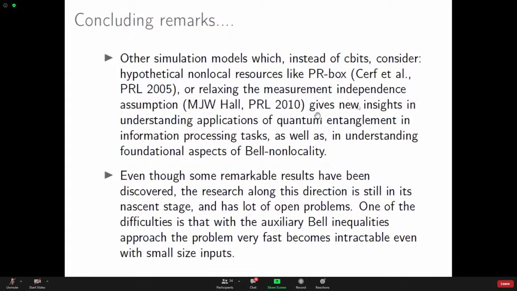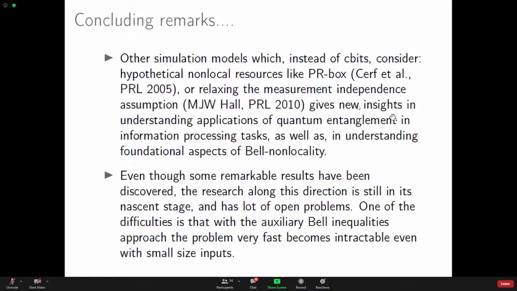So in 2010, he wrote a PRL paper where he showed that there can even be a local deterministic model for singlet correlation, provided one relaxes the measurement independence assumption.